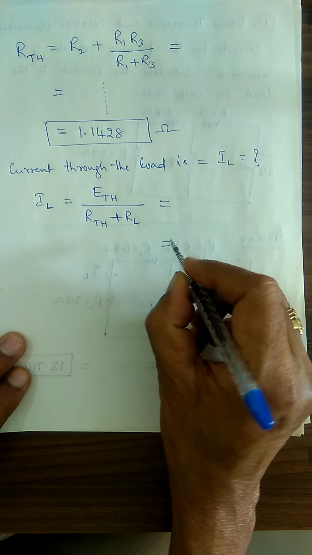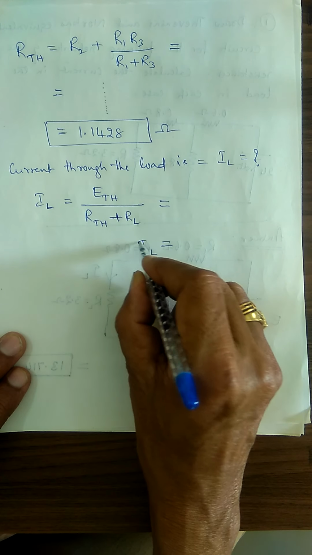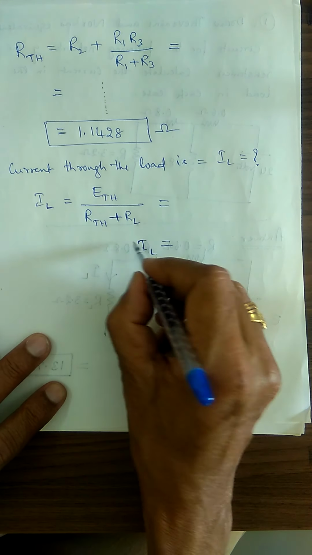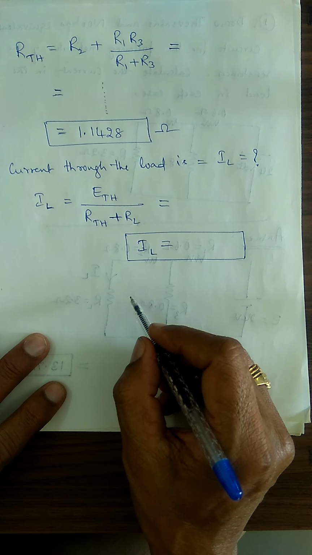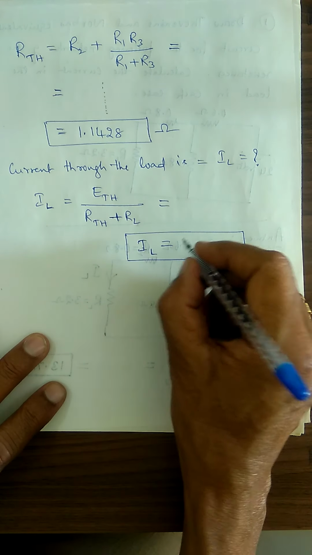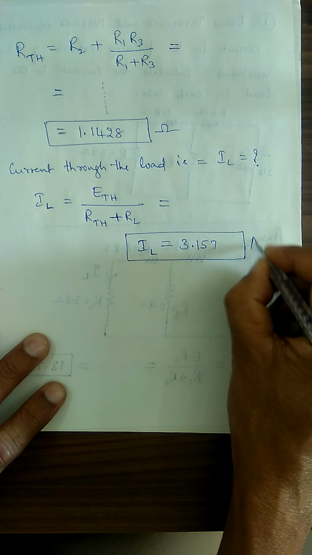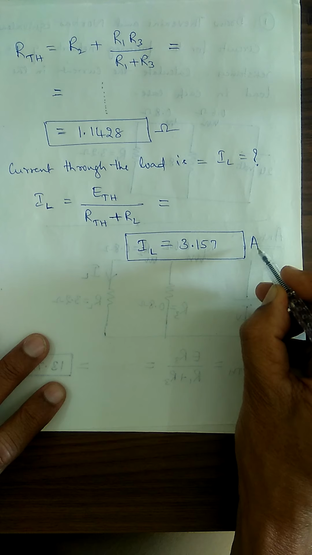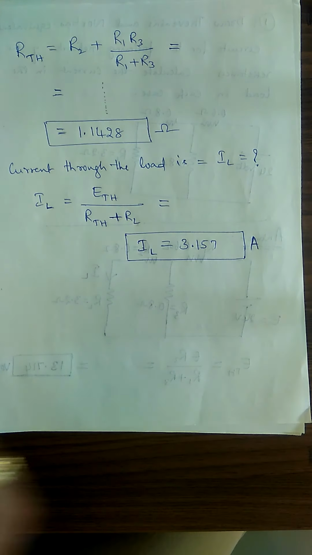This is your IL. How much are you showing? 3.157. The unit you have to mention is ampere.